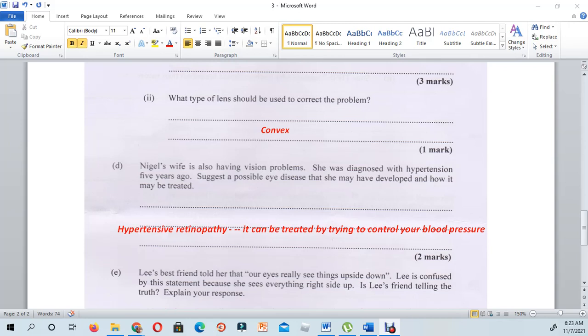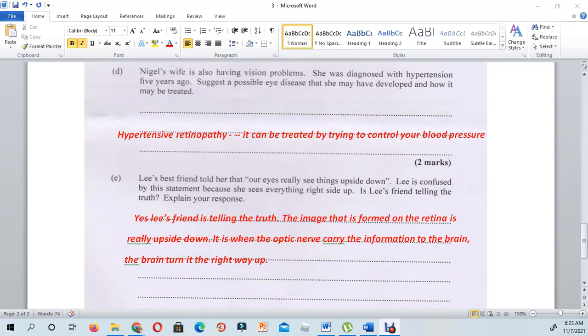So that is the disease, and it can be treated by, of course, the individual ensuring that her blood pressure is lowered. So we want to actually control the blood pressure. So of course she will be given different medication by the doctor to control the blood pressure.